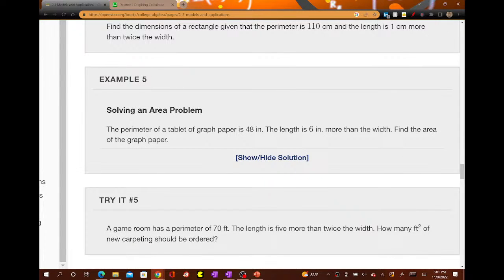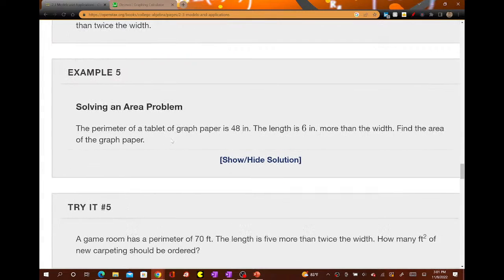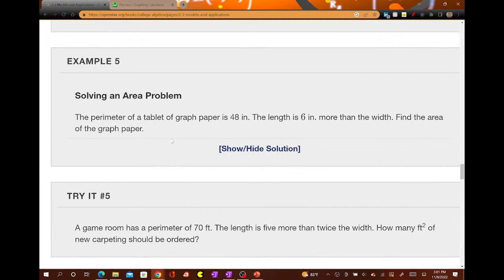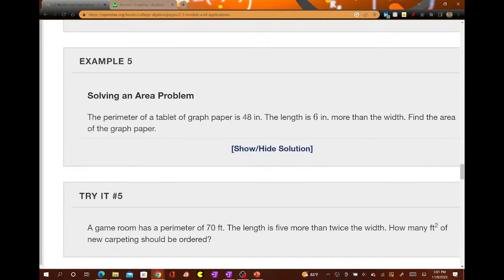So then it says solving an area problem, right? So the perimeter of a tablet of graph paper is 48 inches. So this is rectangular because it's a tablet of graph paper.